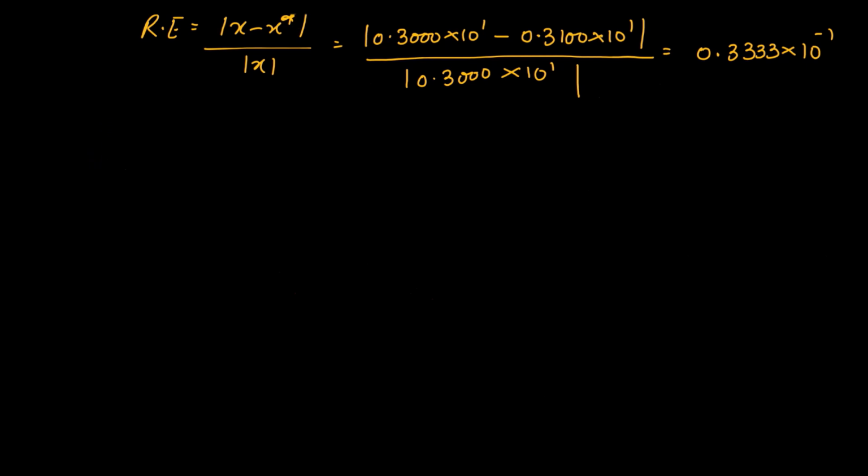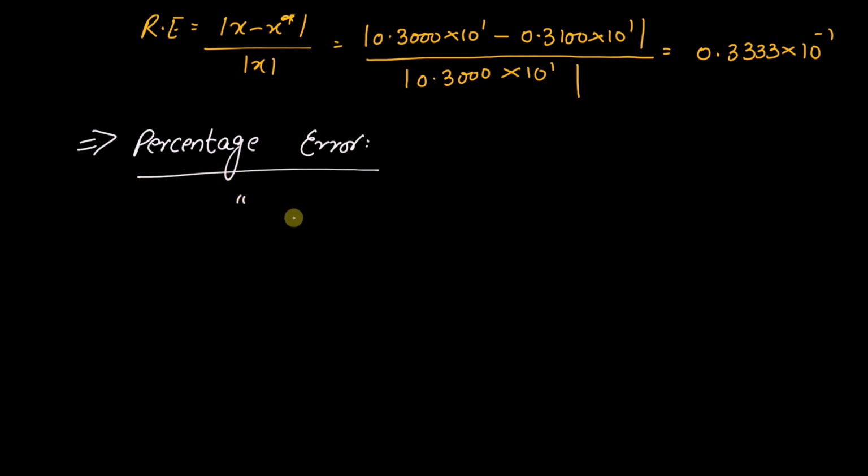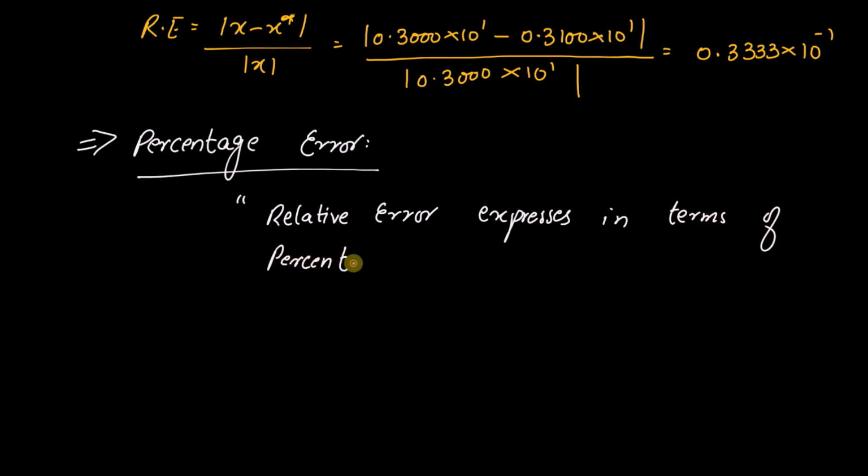Okay, the last type of error is the percentage error. The percentage error is defined as the relative error expressed in terms of percentage. So how?